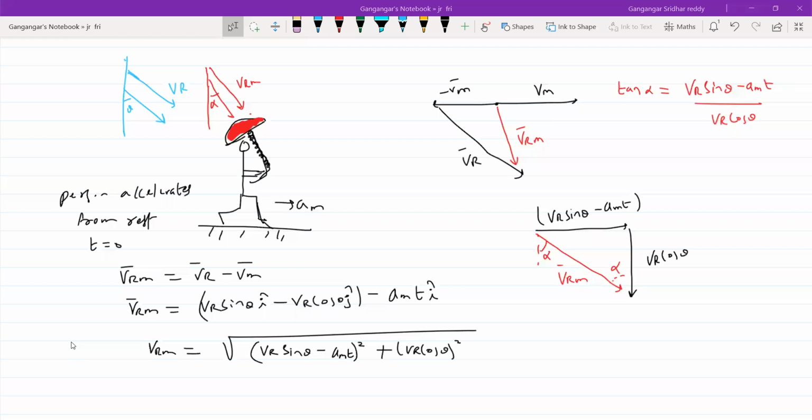Shall I write it? Or here what you should equate, no? The i component should become 0. So here the i component should become 0. So VR sine theta equal to AMT. So I'll write down the time.